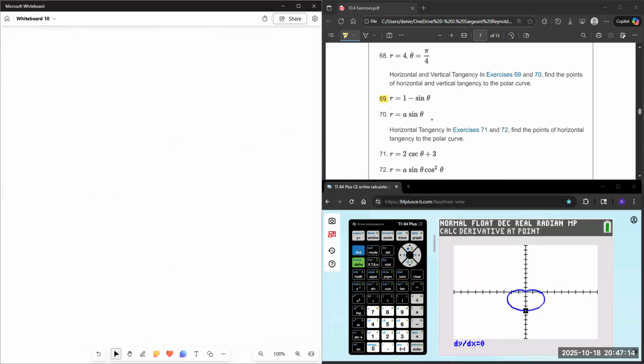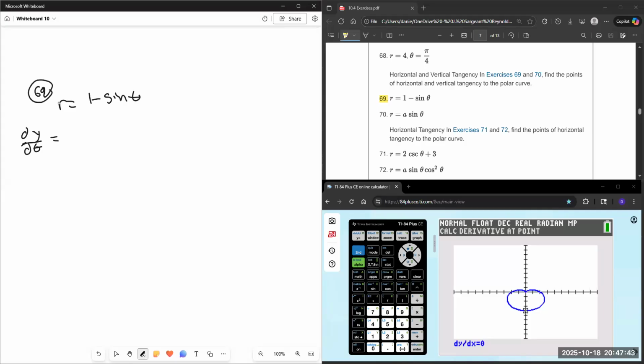Yes, so horizontal and vertical tangency, r is equal to 1 minus sine theta. So we want where, let's find dy/d theta, which is the numerator part of what I showed you before.